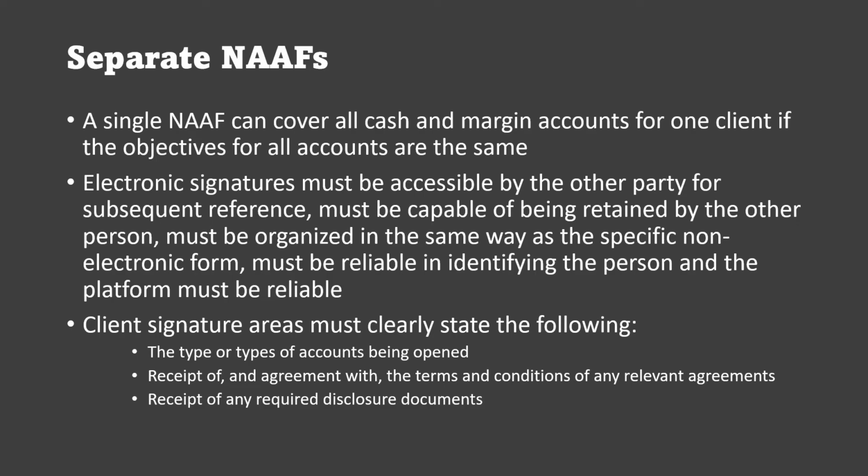So you do need to meet all these requirements if you are looking at doing some sort of electronic signature for the NAF. And the client signature areas must clearly state the following: the type or types of accounts being opened, receipt of and agreement with the terms and conditions of any relevant agreements, and receipt of any required disclosure documents.